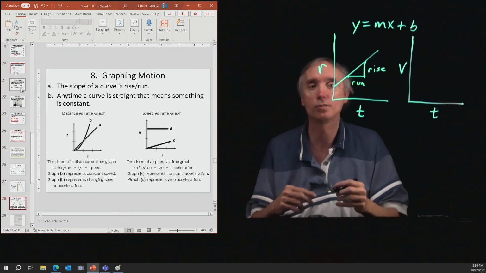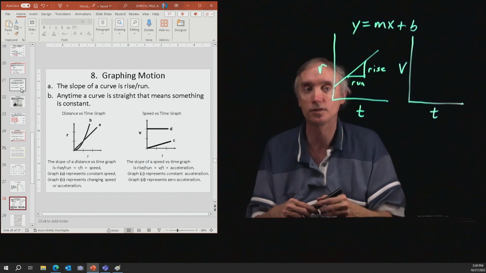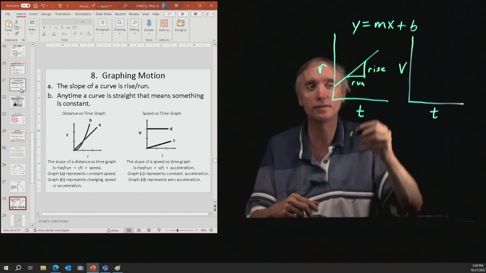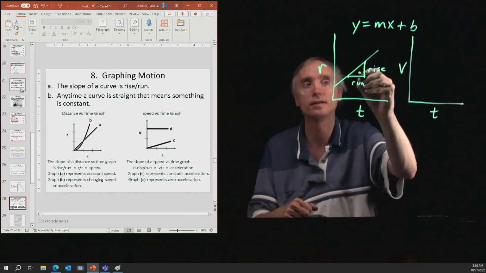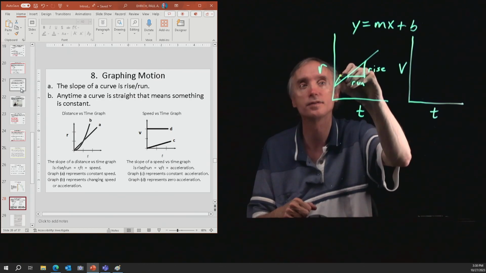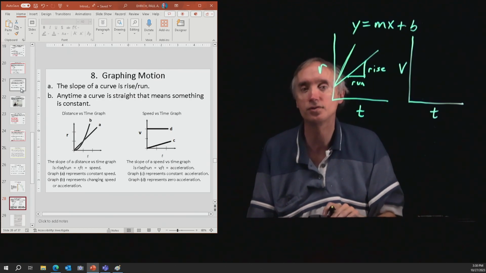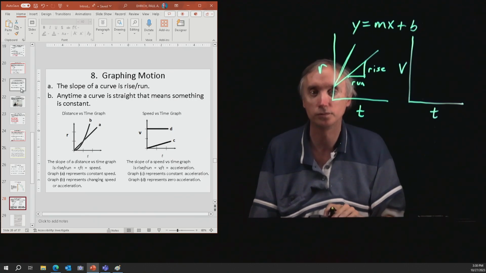So if we take the rise and divide it by the run, that's going to be the slope. Notice that if we make it taller, like this, what do you think that does to the slope? It's going to make it greater.